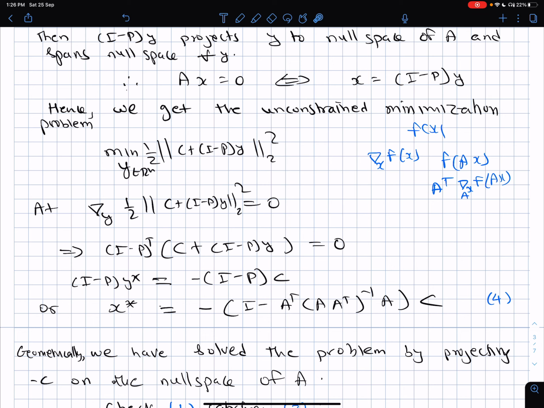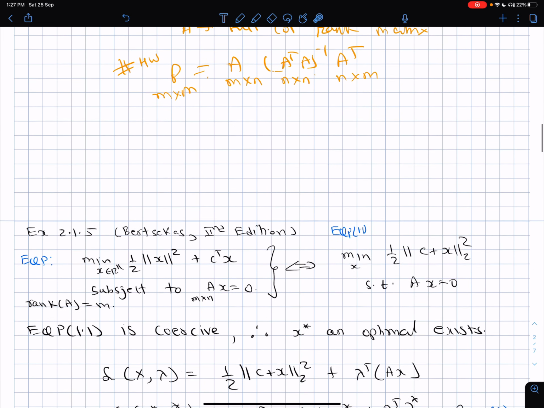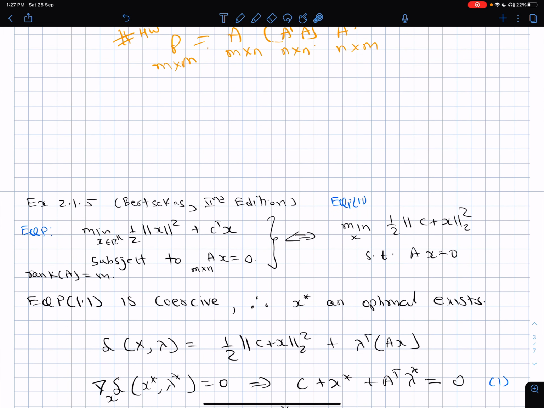So what we have essentially shown is that minus c has been projected onto the null space of the A matrix. The solution of this original problem is simply the projection of the minus c vector.